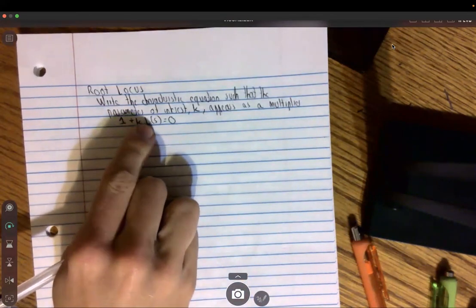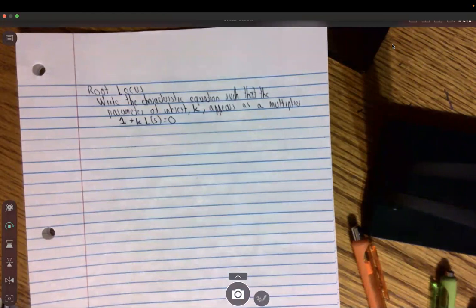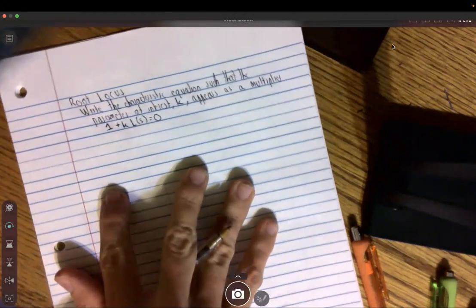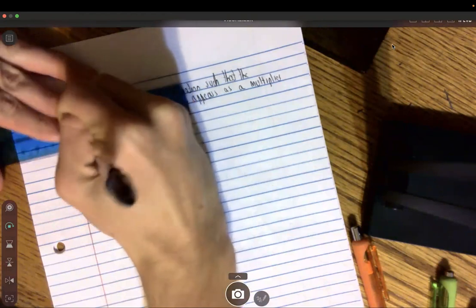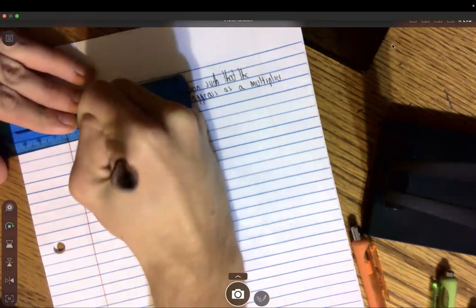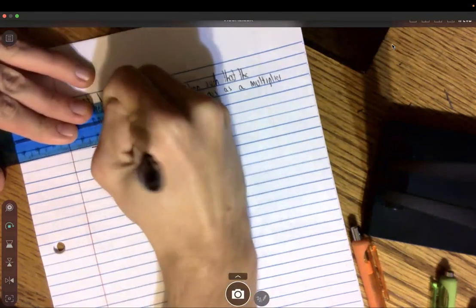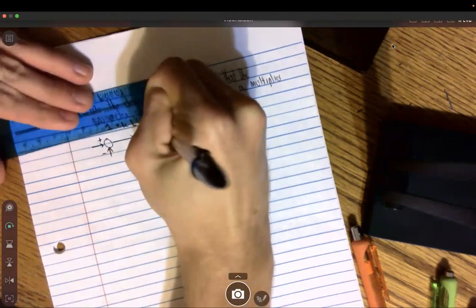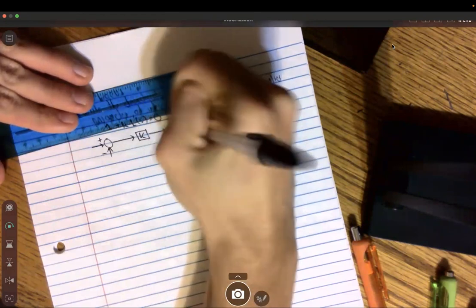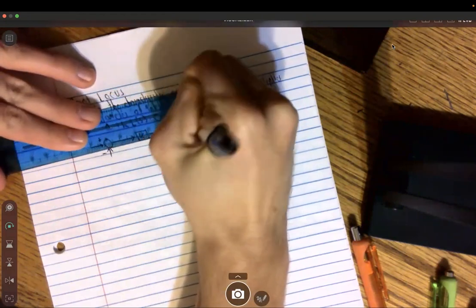And remember, L of s refers to your open loop system. What we're going to see with this is your root locus specifically is going to deal with. Remember, we were so interested in the unity feedback system because within this unity feedback system here, we had the parameter k, which is our gain, and it goes through g of s, which is our plant.